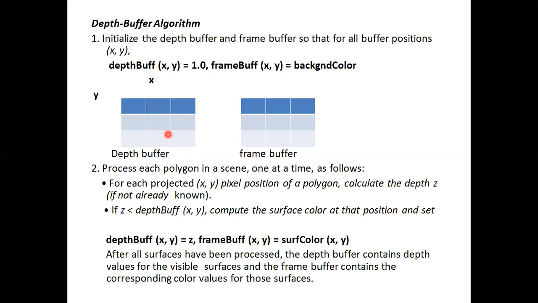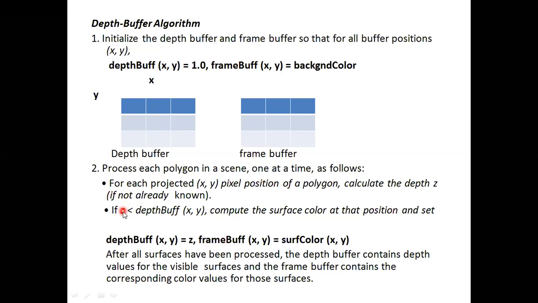Now I am at that particular position X, Y, Z, where my X is 2, Y is 1, and Z is -2. So what is the Z value? Z value is -2. Now I will check this condition: if Z is less than depth buffer of XY. What was the depth buffer of XY here? It is 1, because I have initialized everything to 1.